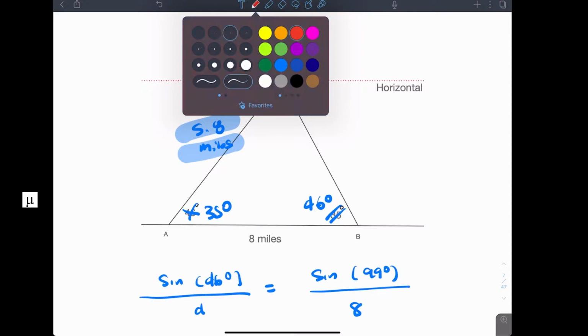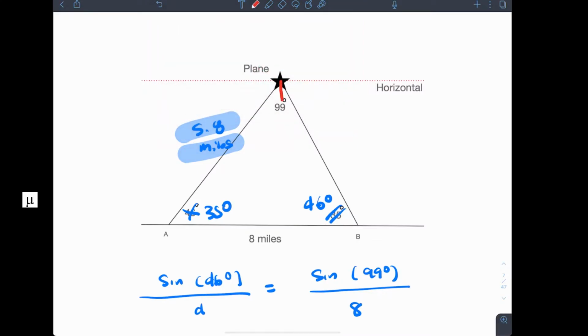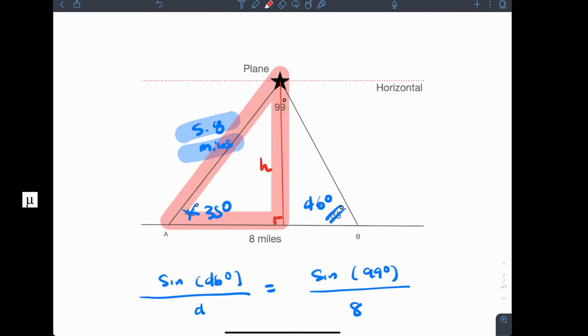Okay. So if we go back to this picture, maybe I can draw just a straight line, hopefully. H is the altitude. What do you guys want to focus on? The left right triangle. Okay, you guys okay with that?